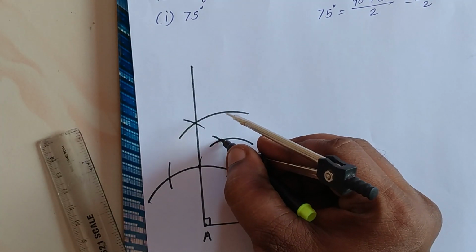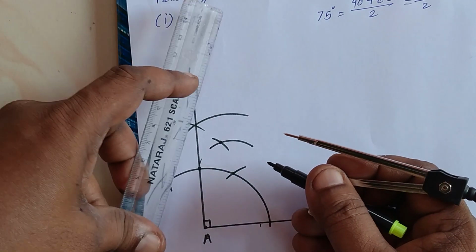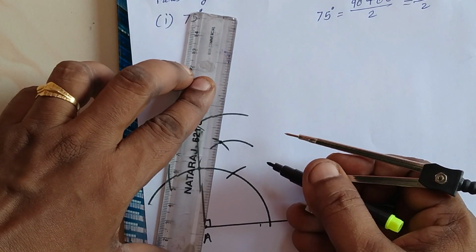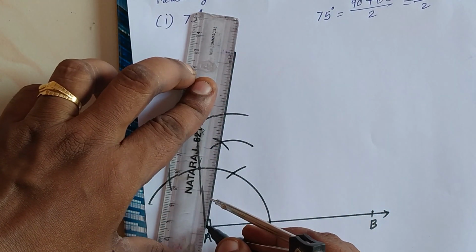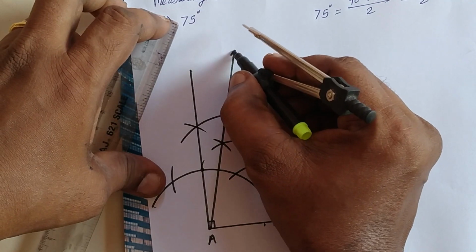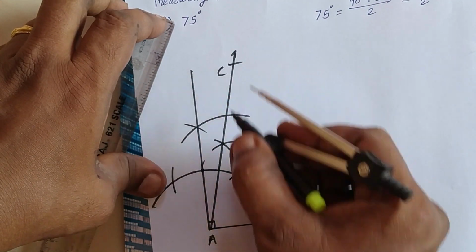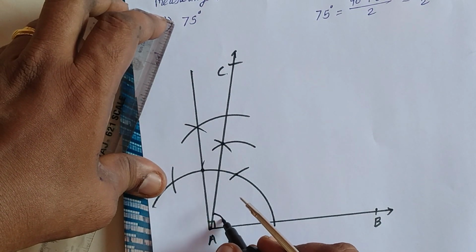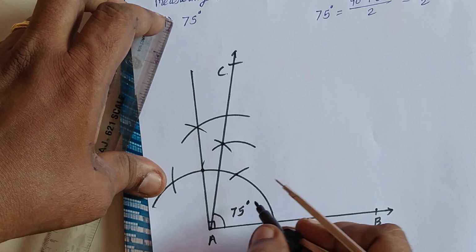So this is the point which will give us 75 degree. Now join it. If you take this as C, then this angle CAB will be 75 degree which we want.